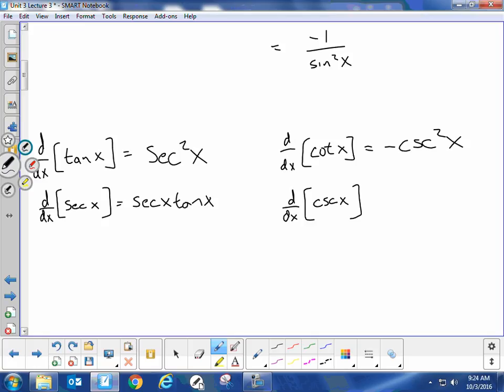The derivative of cosecant ends up being negative cosecant x cotangent x. So these four are combined with your already known derivatives of sine and cosine. Derivative of sine is cosine. And the derivative of cosine is negative sine.